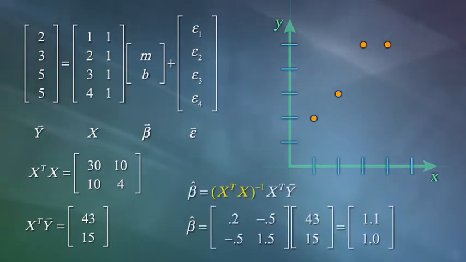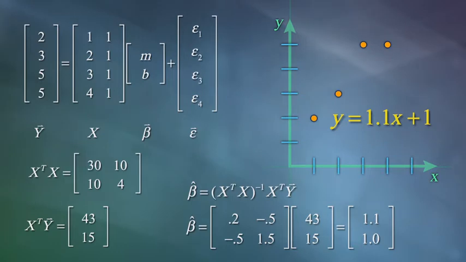If you take the inverse of X transpose X, you'll get 0.2, minus 0.5, minus 0.5, 1.5. We'll multiply this by X transpose y, which is 43, 15, to get beta hat, whose entries are m equals 1.1 and b equals 1.